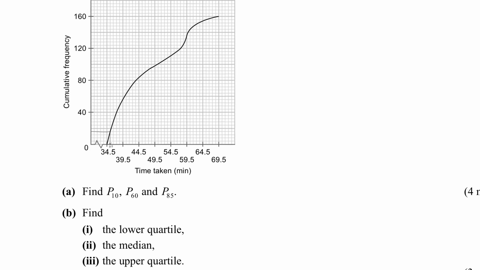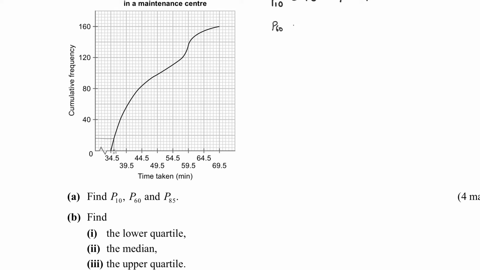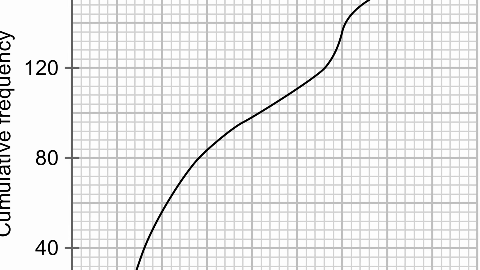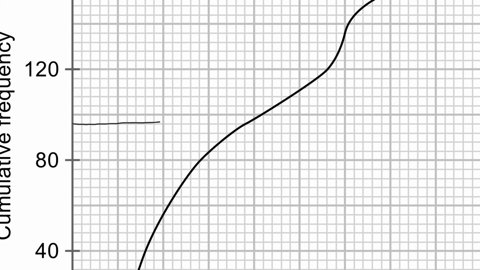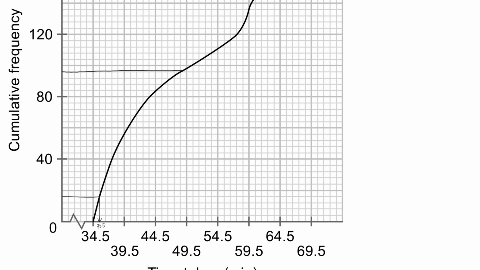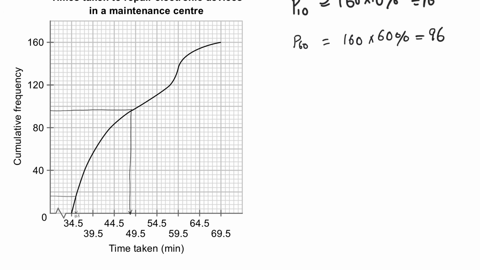And next one, P60, will equal 160 times 60%, which equals 96. So you draw the line, which will give you, let's say, this one, that will be 48.5.